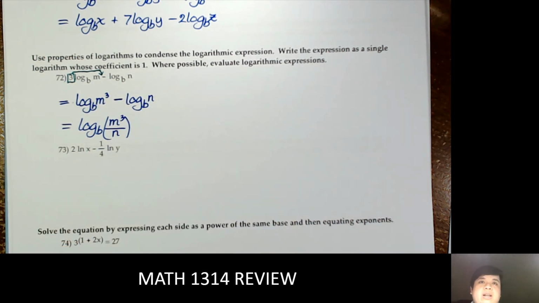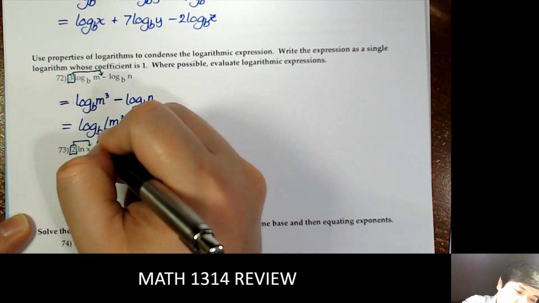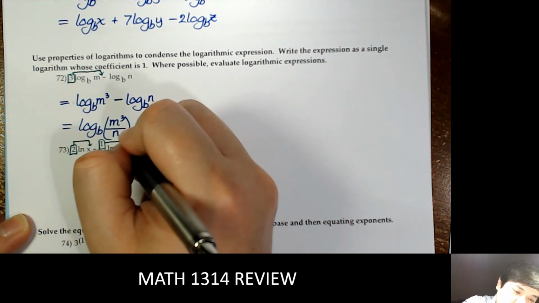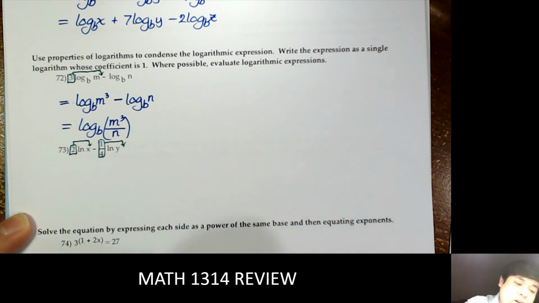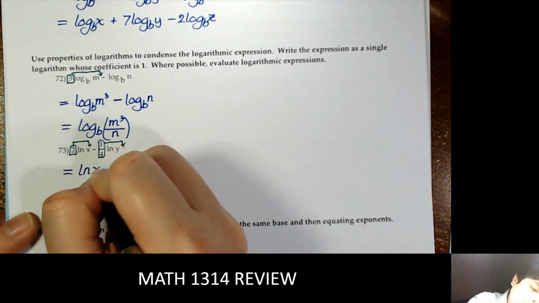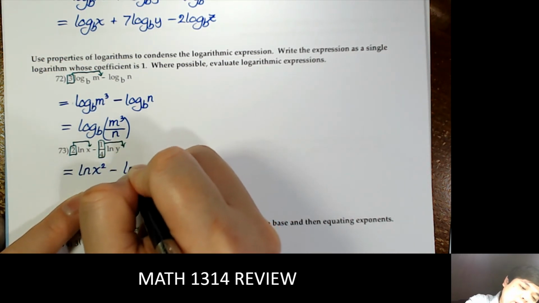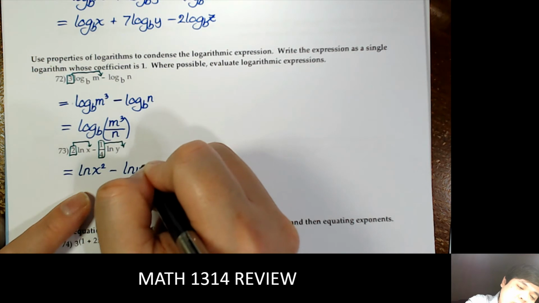So just going to write like that. Next, also need to do that. Take the 2 inside and the exponent inside, because we must have one for each log. So 1 log of x squared and 1 log of y to the 1/4.